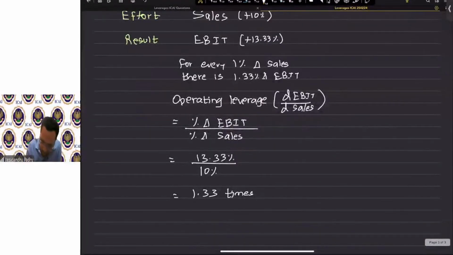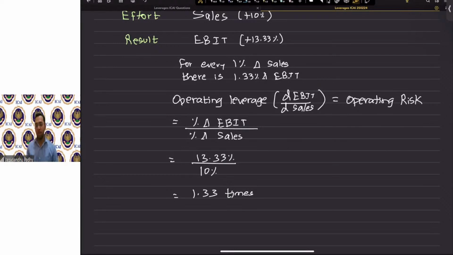So operating leverage is a replica of your business operating risk also, because it may be a good situation or it may be a bad situation. If you're putting in more efforts and your sales are increasing, then it's a good thing.